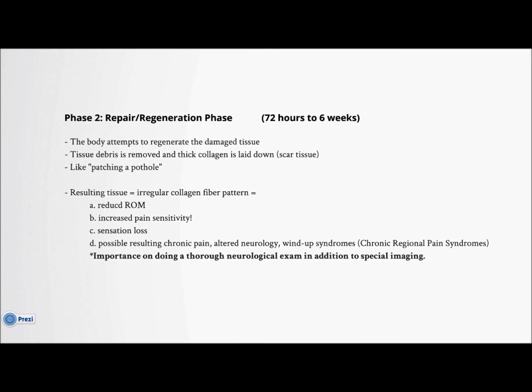This in the old days was also known as reflex sympathetic dystrophy. And it happens because of a perpetuation of improper neurological signals being sent because of the damaged pain receptors. So it's important to do a thorough neurological exam in addition to specialized neurological imaging. And we'll typically recommend this very often after we see some of these things on our neurological exam.